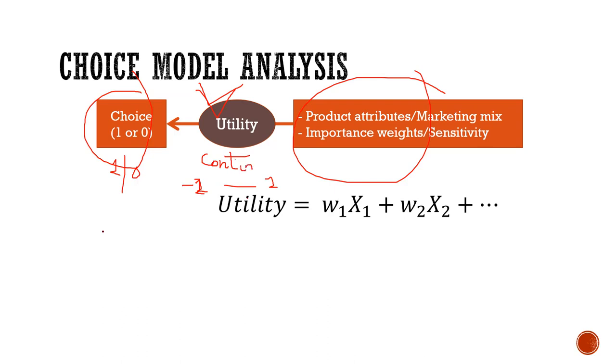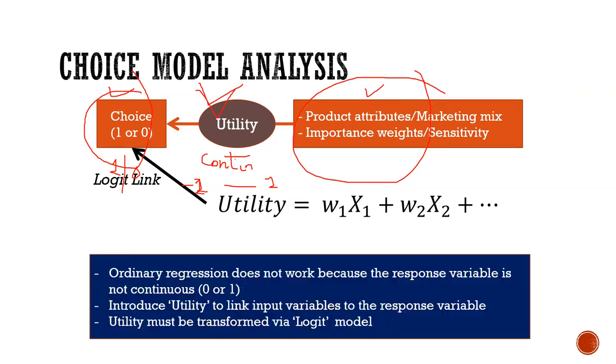So to understand these choices, we have to understand the concept of utility. We link the attributes to the choices via utility. And to link the utility to the choices, we use a special class of models called logit models. The ordinary regression does not work here because the dependent variable is binary, 0 or 1.